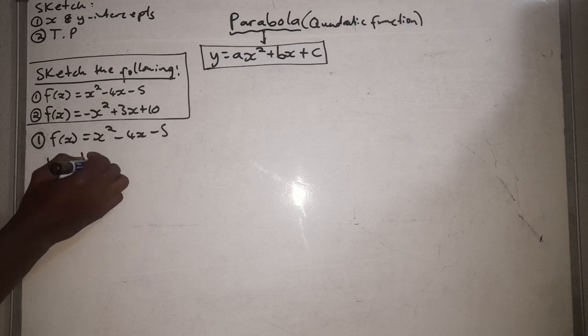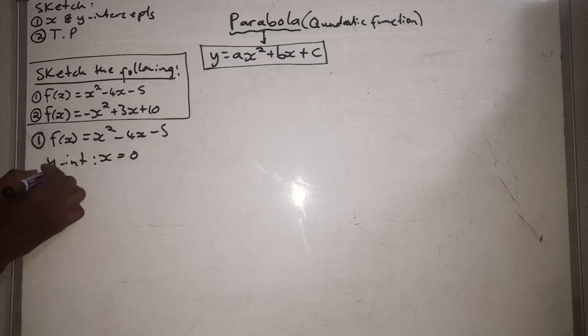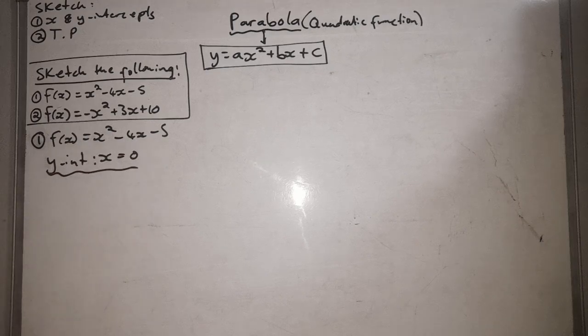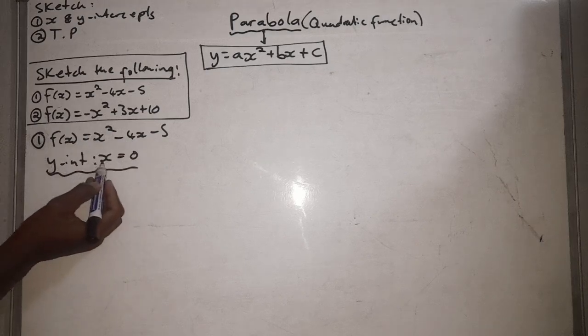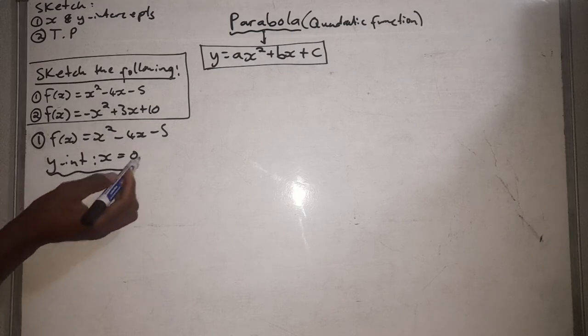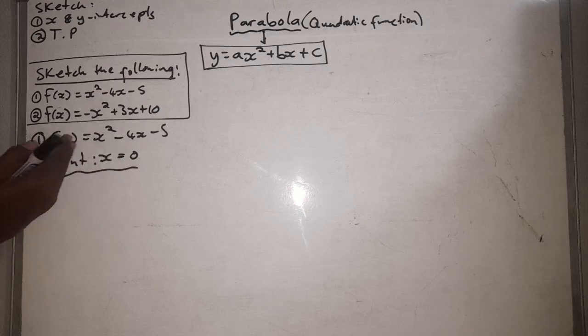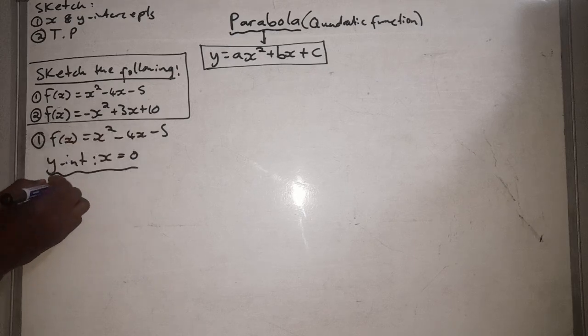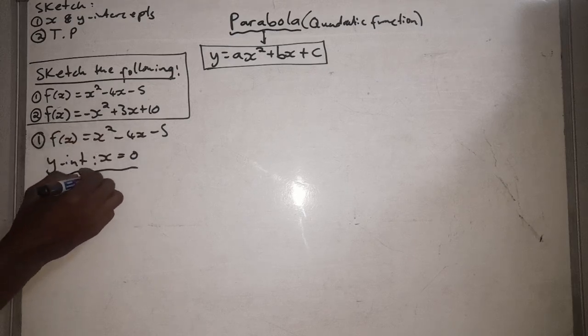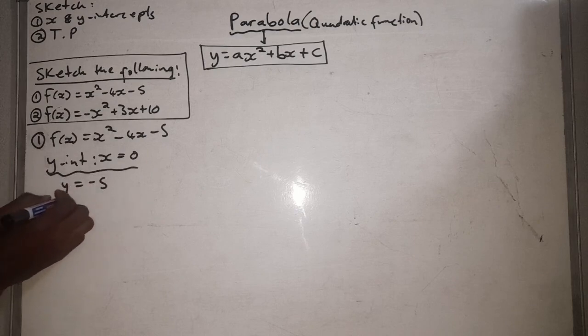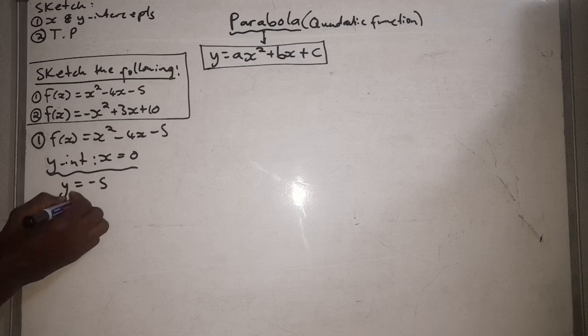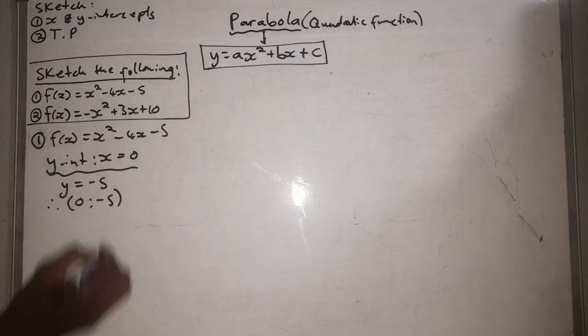This is easy. Whenever you are looking for the y-intercept, make x 0. If you put 0 here, you will get a y value of negative 5, making the coordinates of the y-intercept 0 for x and negative 5 for y.